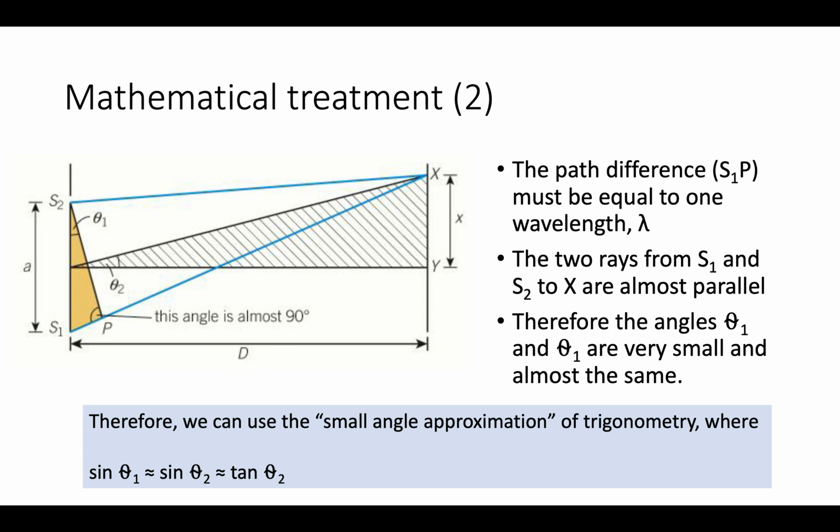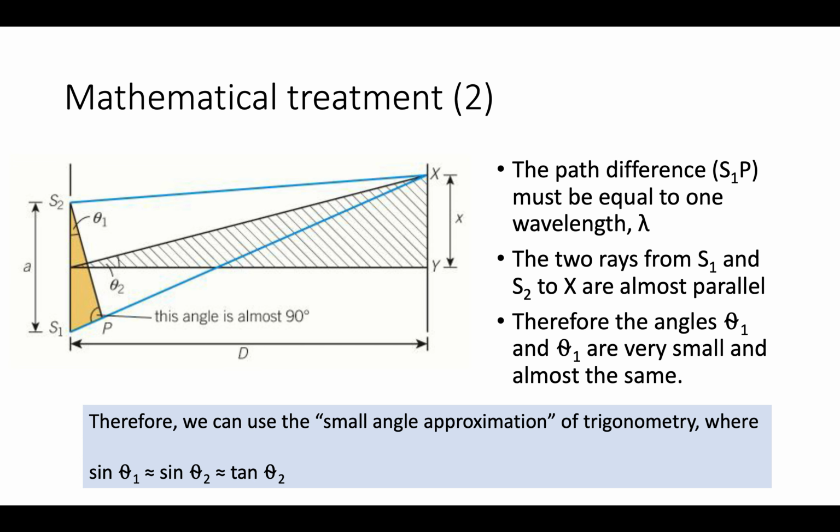That lets us use a trick of trigonometry, something called the small angle approximation. What that says is, when an angle is very small, not far off zero, the sine of θ1 will be the same as the sine of θ2, and that will also be almost the same as the tangent of θ2.